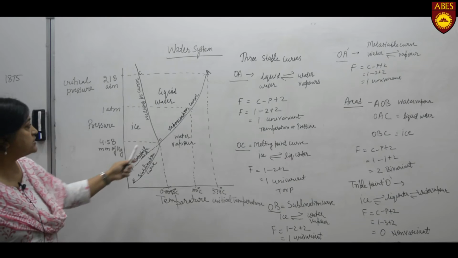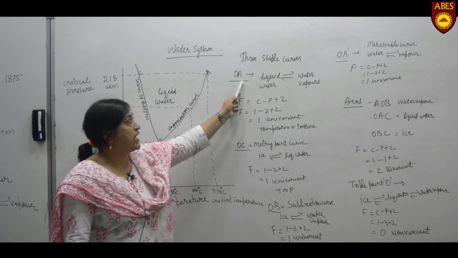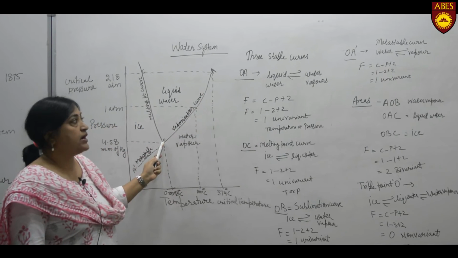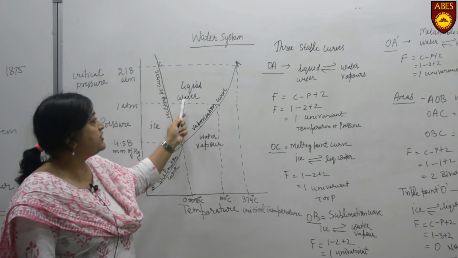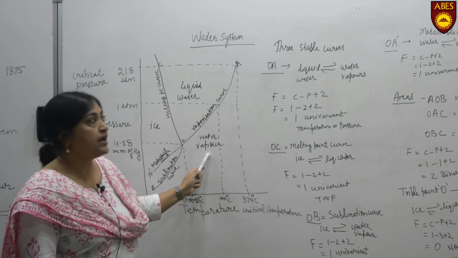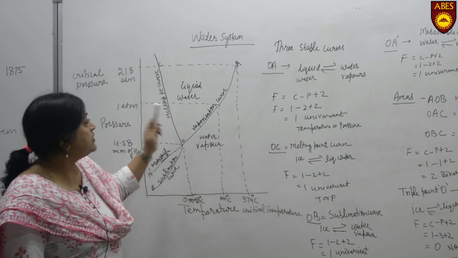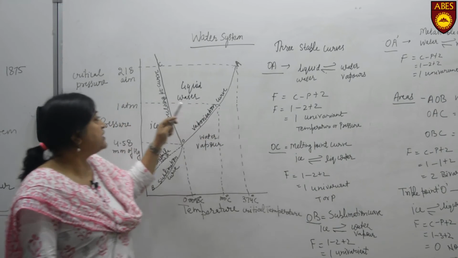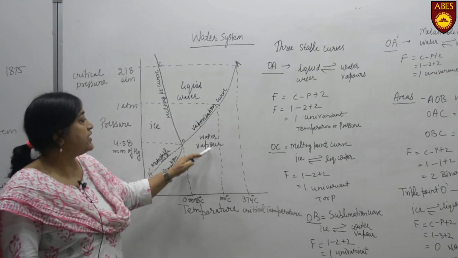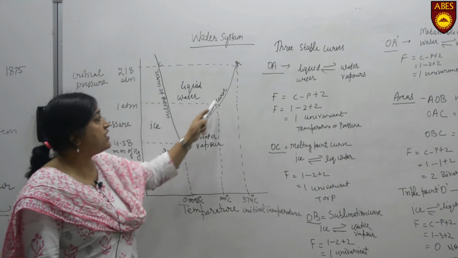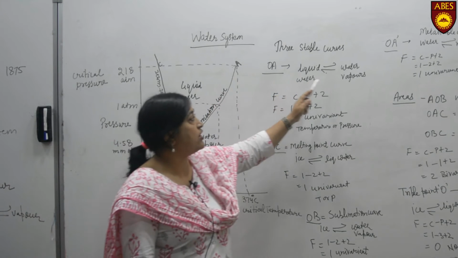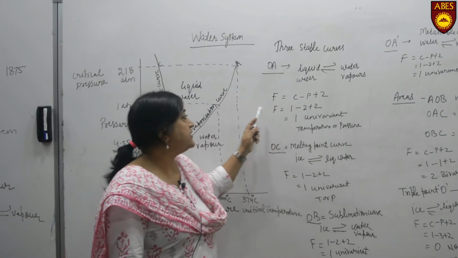The first curve is the OA curve. This curve represents the equilibrium between liquid water and water vapor and it is known as vaporization curve. Now as we see from picture that here is a liquid water and here is a water vapor. Now what is the degree of freedom?